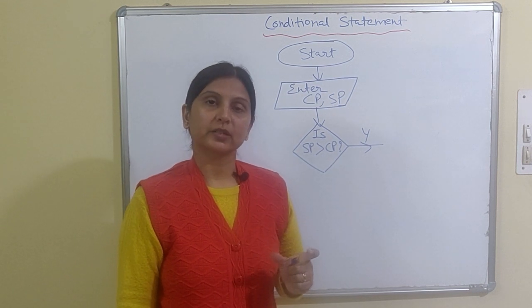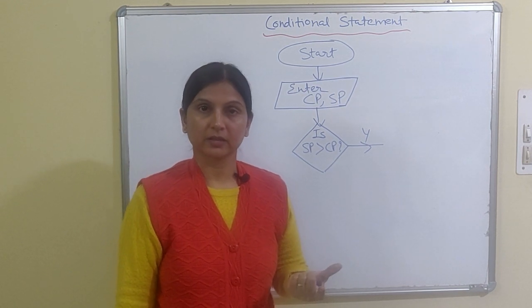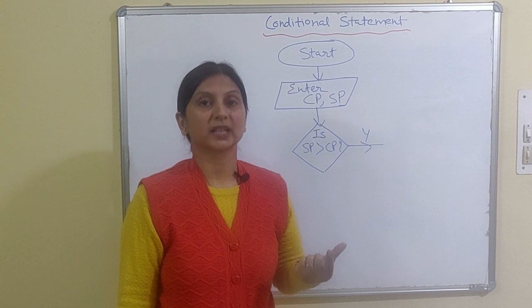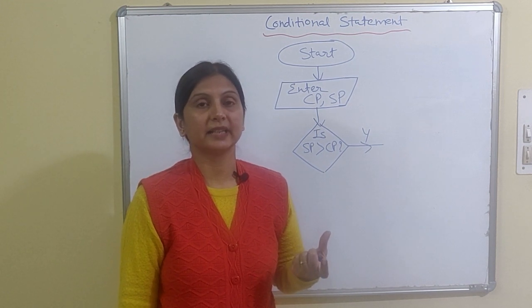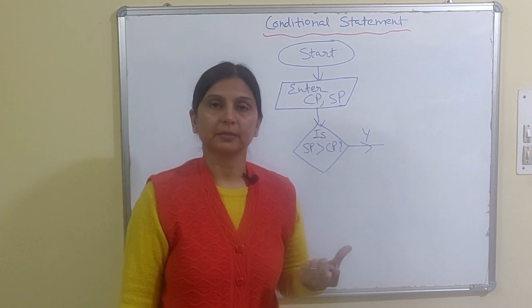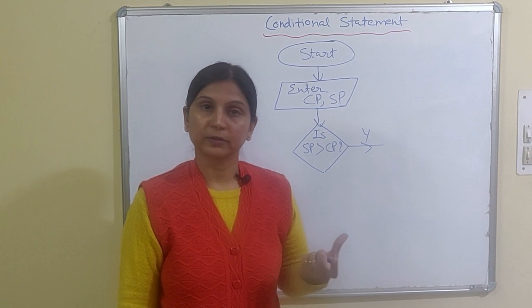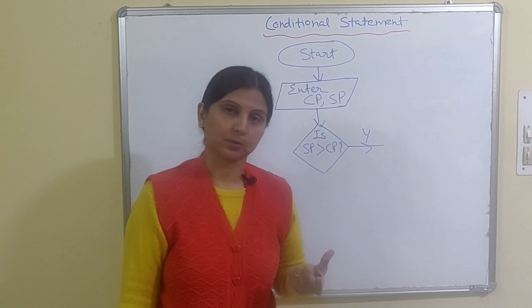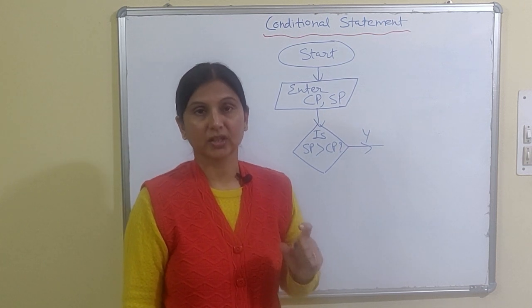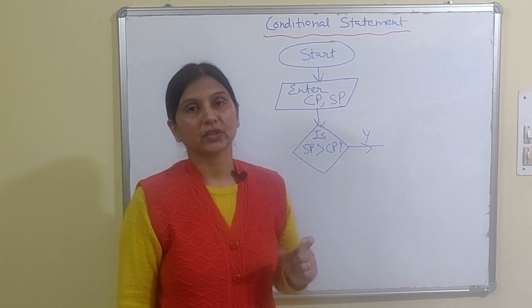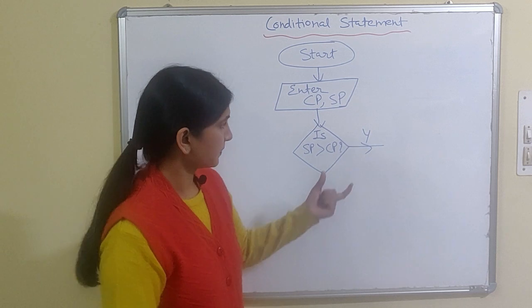See, process box is used for calculation and for initialization. For example, you assign any value into a variable. For example, a equals to 10. Then in which box we will represent that? Process box. So for initialization and calculation, we will use process box.